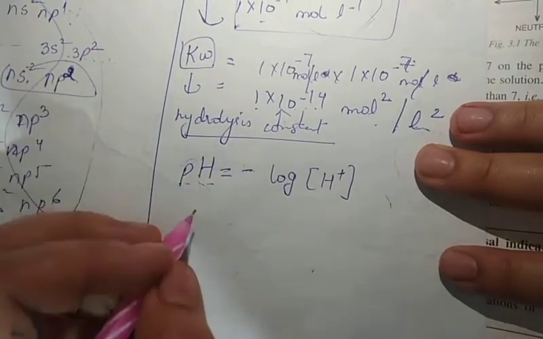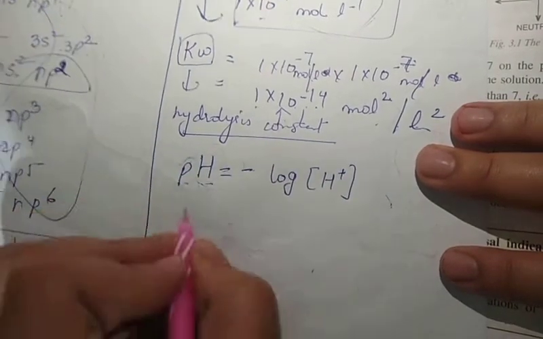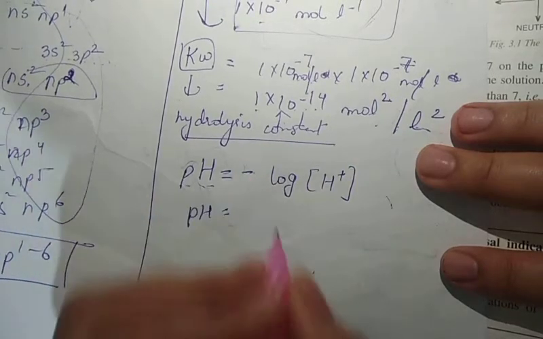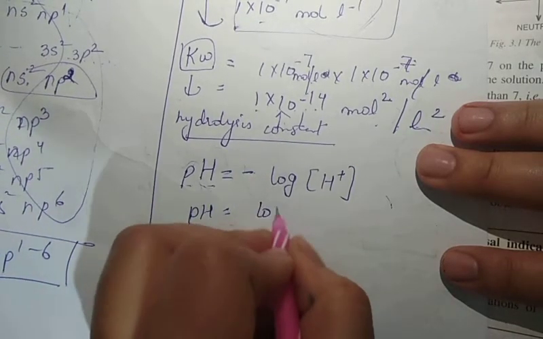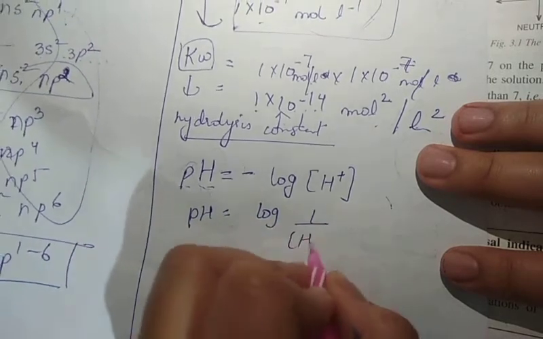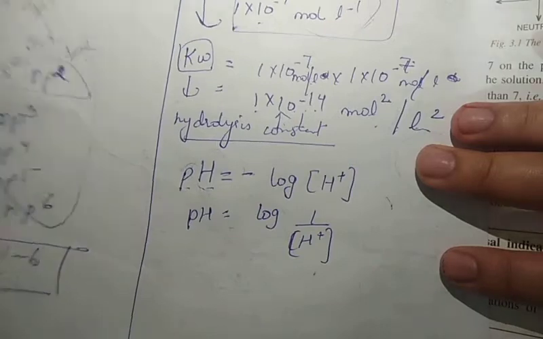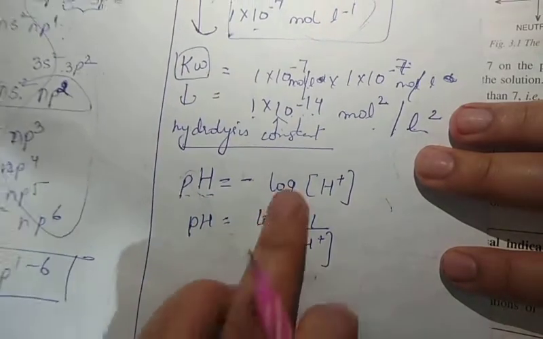This is the value of pH, right? And if I remove this minus sign, it will be written as log 1 upon the concentration of H plus ion. You know, in senior classes, when you come to 11th, I'll explain everything about log.